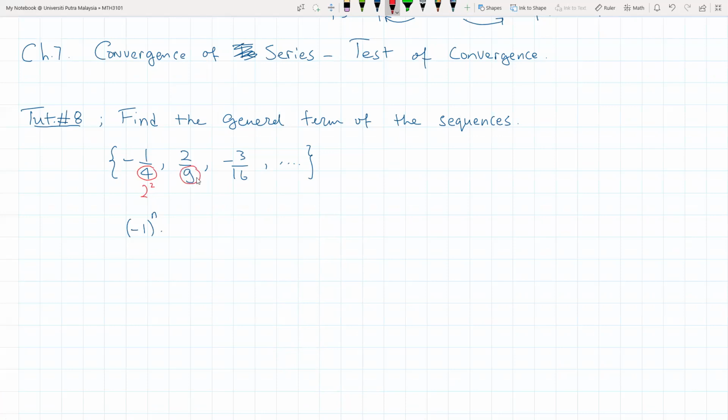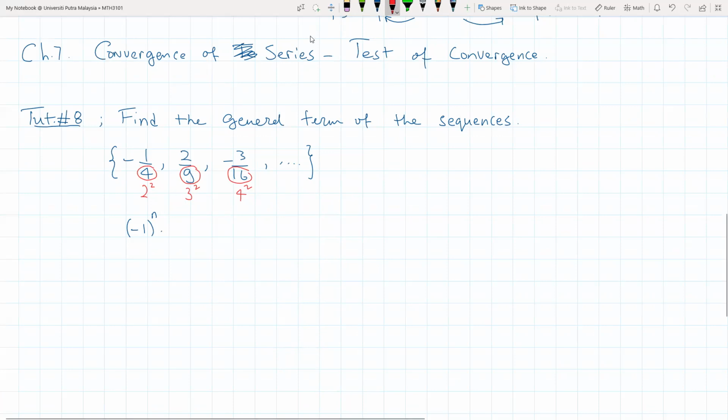And this one is 3 squared. And this one is 4 squared. You can see that the power remains the same, the only thing that is different is the base: 2, 3, 4, and you expect the next term will be 5 squared.